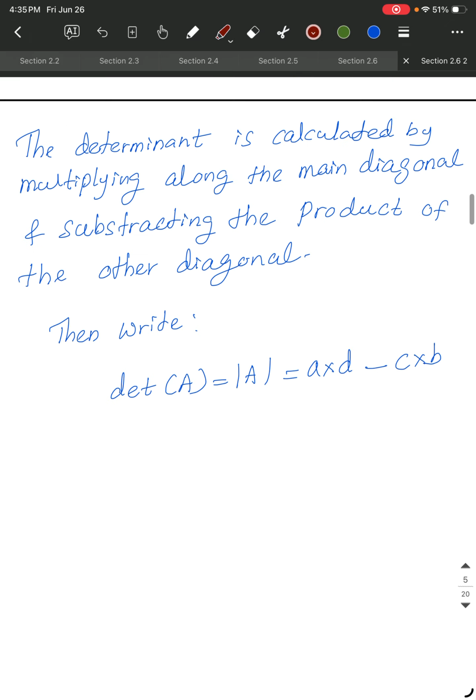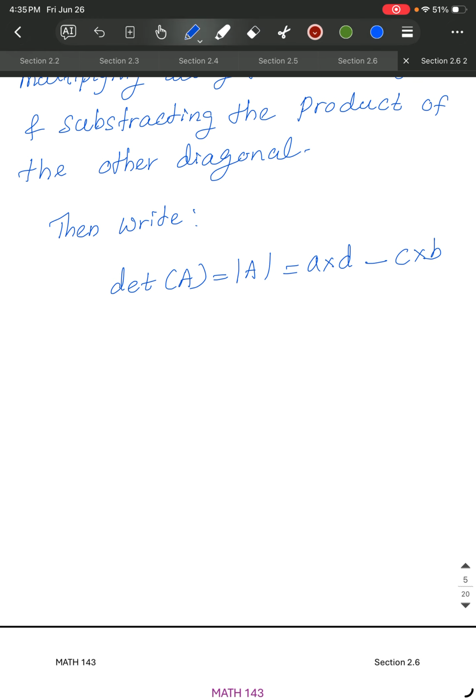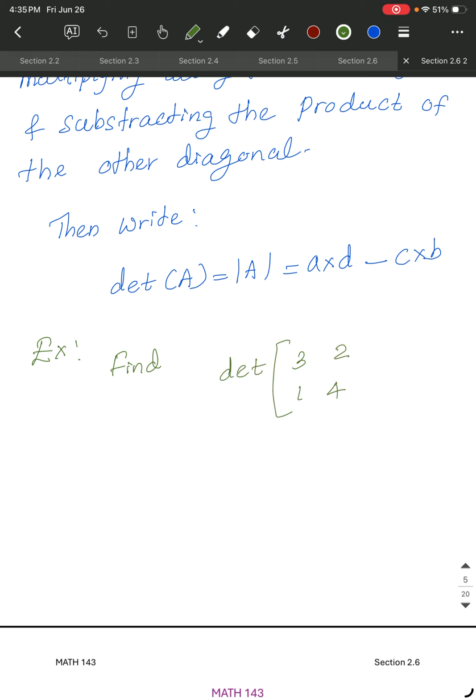Let's see the example. Find the determinant of the 2 by 2 matrix 3, 2, 1, 4. Let's walk through it. The main diagonal here and the other diagonal here.